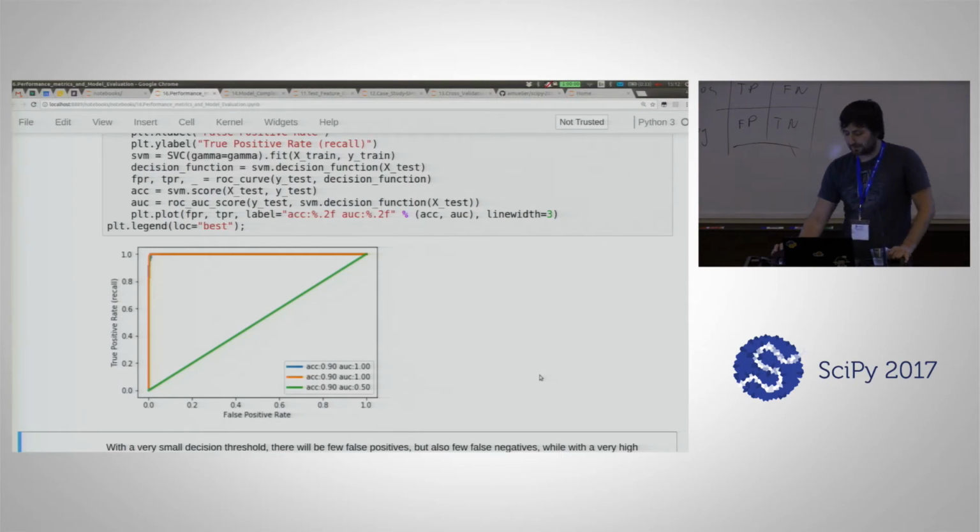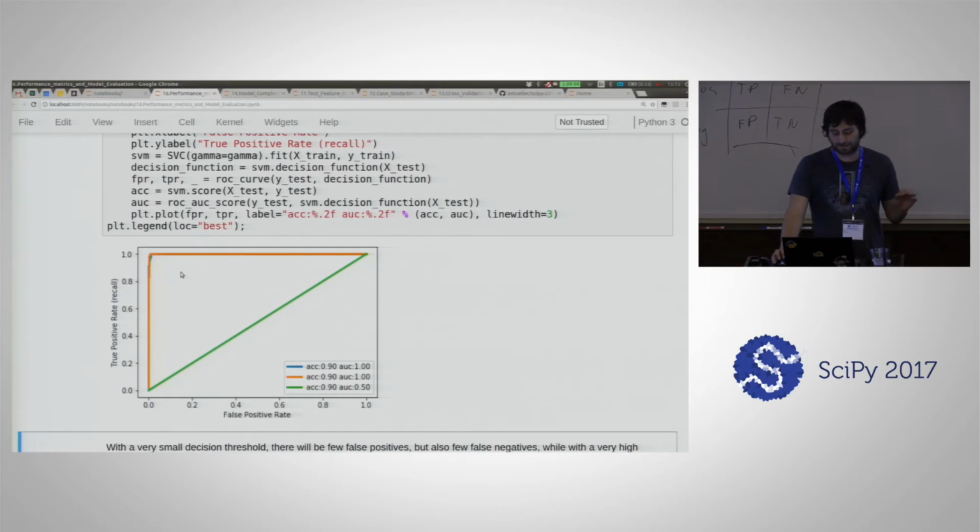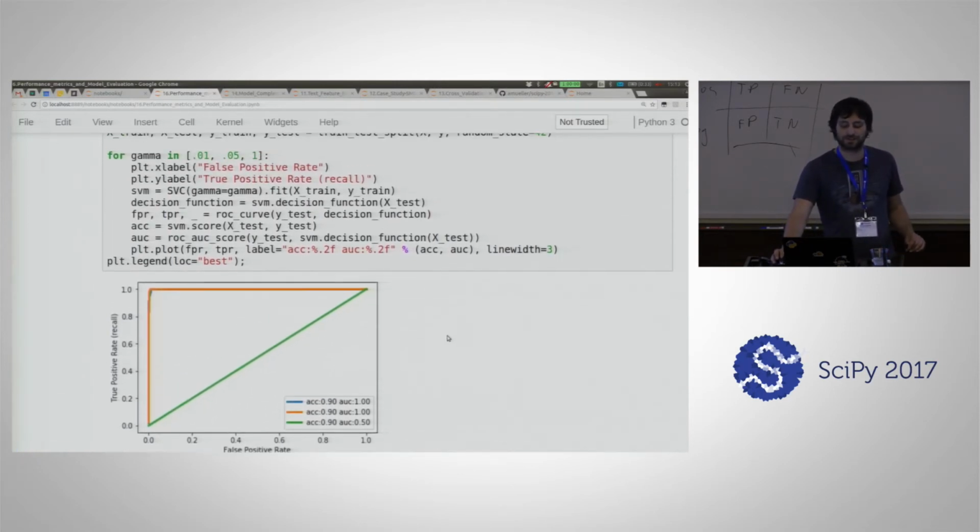False positive rate is false positives divided by false positives plus true negatives. So these are slightly different numbers than precision and recall, but they have relatively similar interpretations.